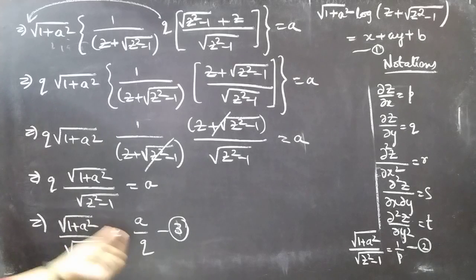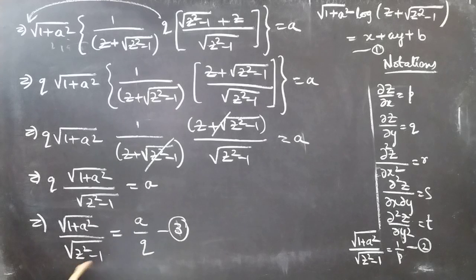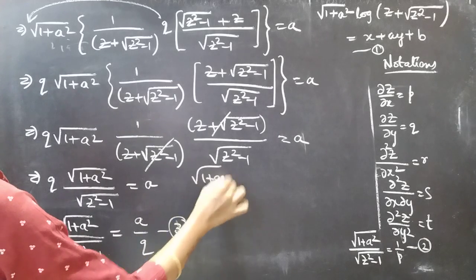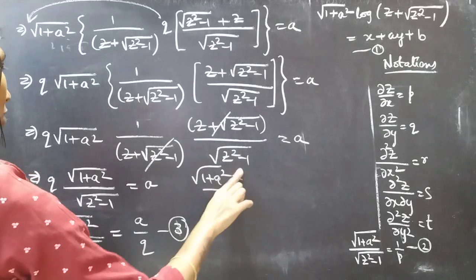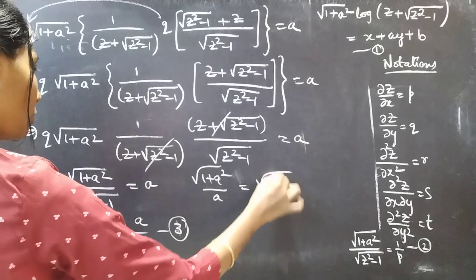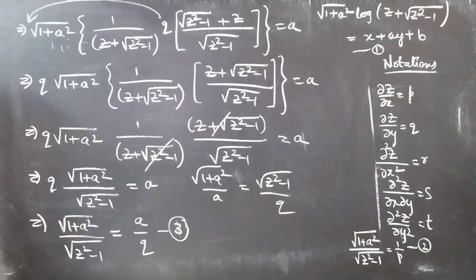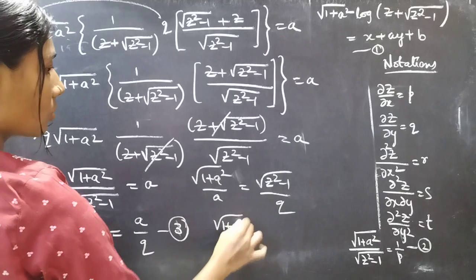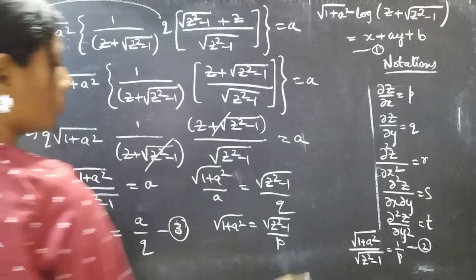See, from this you can write square root of 1 plus a square equal to a by q into, you can write this as square root of 1 plus a square equal to, or by a. Let's write constants in one side, right? And you can write this equation as square root of 1 plus a square equal to square root of z square minus 1 by b.